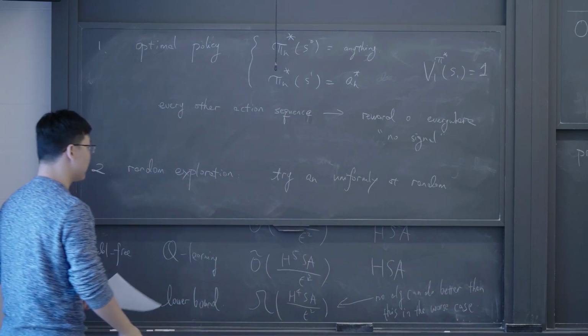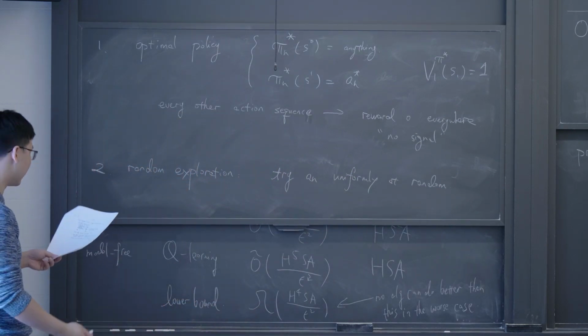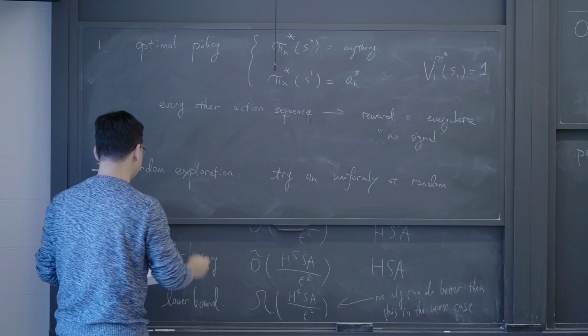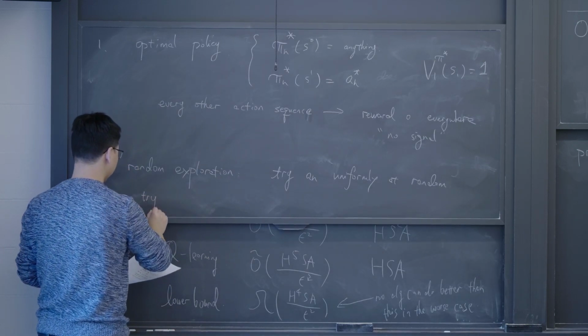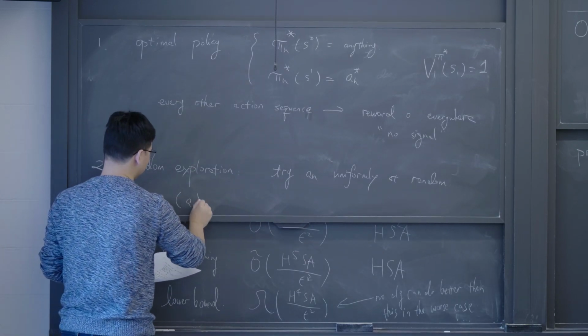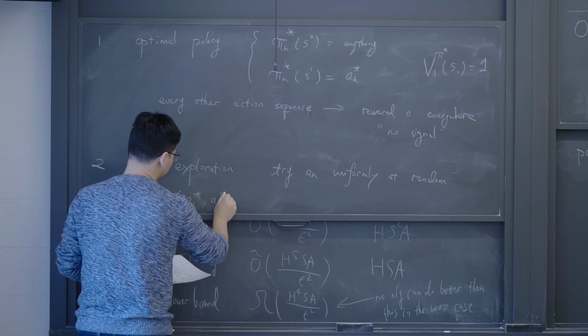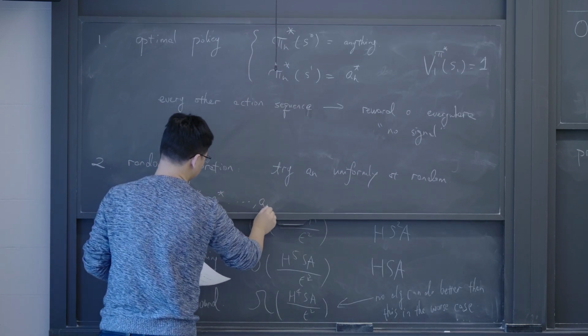So this algorithm will not be very good until it tries precisely this action sequence, A1 star, A2 star, till AH star.